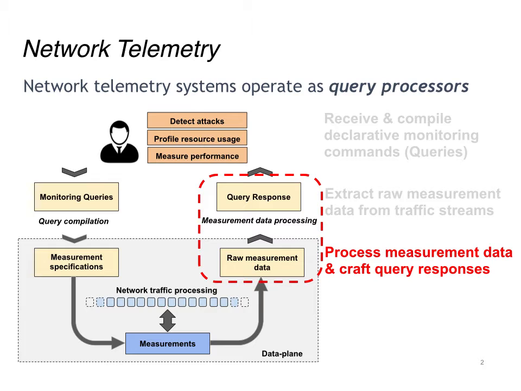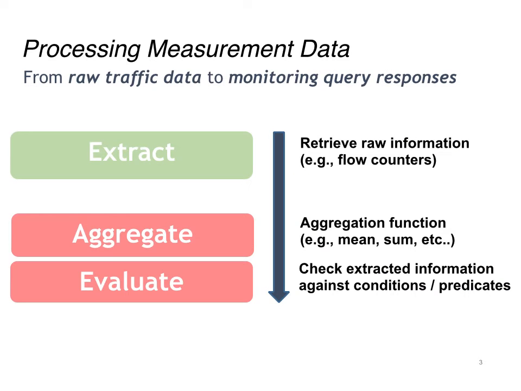So if we zoom in on these operations, we see that to transform raw traffic data into monitoring query responses, we need essentially three operations. The extract operation consists in retrieving all the raw information from the traffic, for instance, some flow counters.